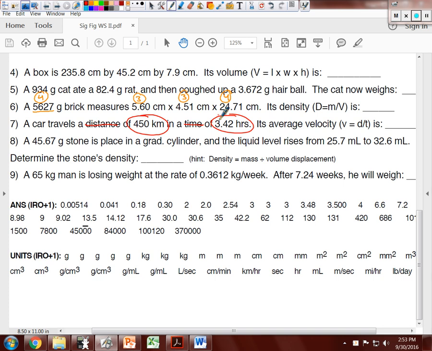So what did you do to these two numbers? Divide. How many significant figures are in 450? 2. What about 3.42? 3. So what should your answer have? 2. And what was its average velocity? 130, and it was what? Kilometers per hour. Okay, kilometers per hour. Any questions on that?